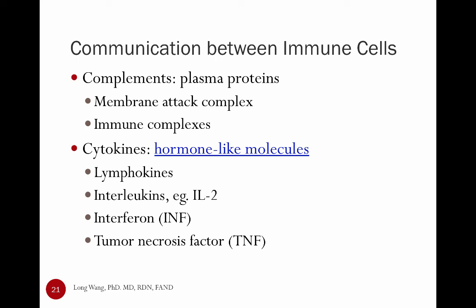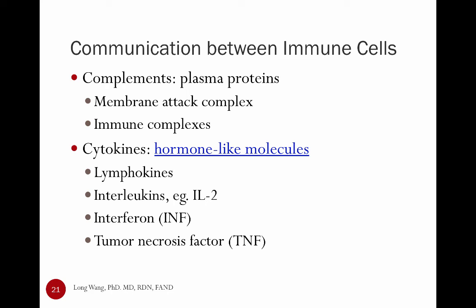We also mention molecules. So far we talk about the organs, tissues, and cells within the immune system, and we already know they are not physically connected. For example, B cells, T cells, they're all in the blood, and then we have lymphatic tissue in different tissue.